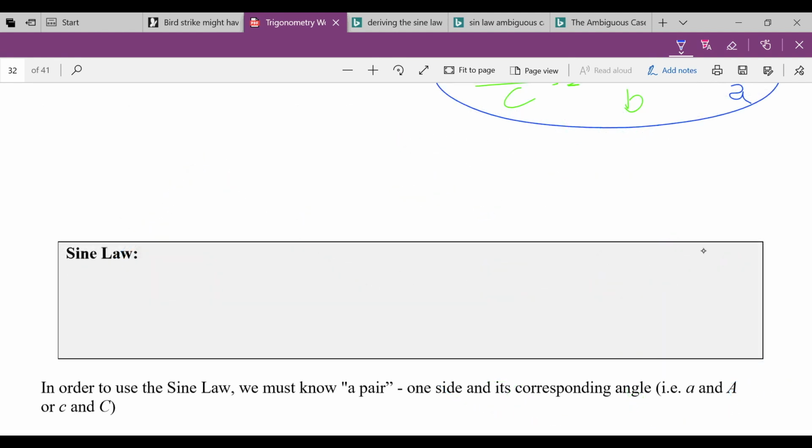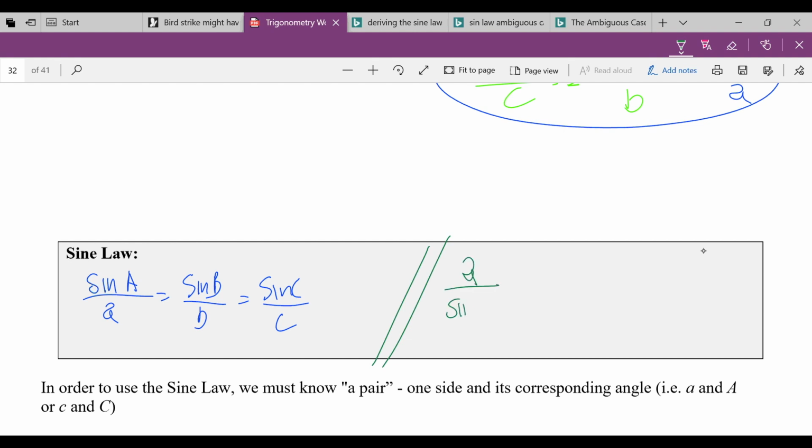So to summarize, sine A over A equals sine B over B equals sine C over C. And if sine A over A equals sine B over B, then the converse is also true.